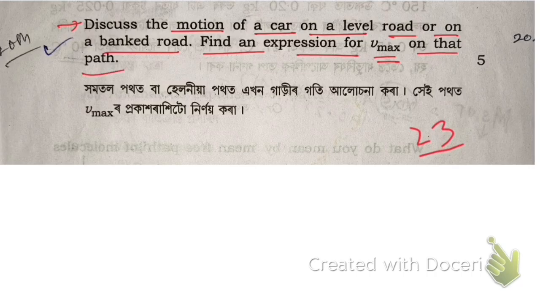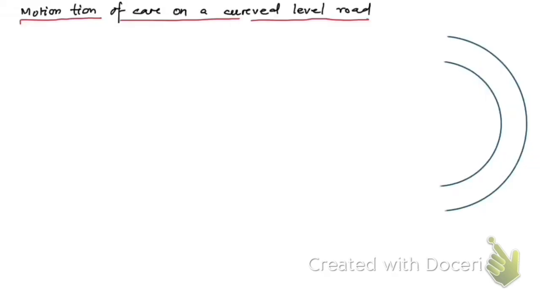So first let us discuss the motion of a car on a level road. Okay, now let us consider a car on this level road which is curved. This is the car, suppose.